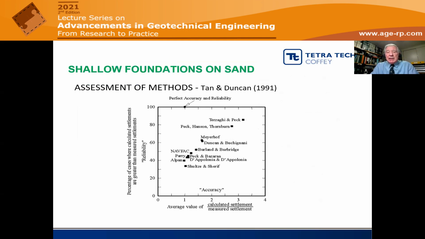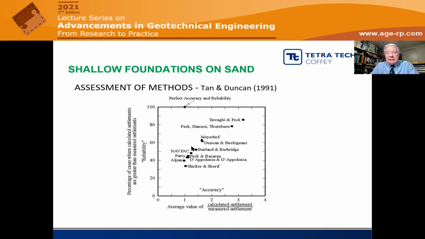So that's Schmertmann's method. Now, Tan and Duncan some years back did an assessment of the accuracy of various methods when applied to certain problems. On the vertical axis, they have a measure of reliability, and on the horizontal axis, they have the average calculated over measured settlement. So if you had a method that was perfect, that gave you an average calculated settlement equal to the measured settlement and 100% reliable, you'd be up here.